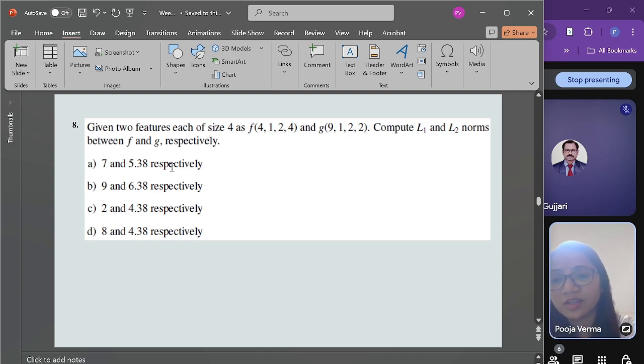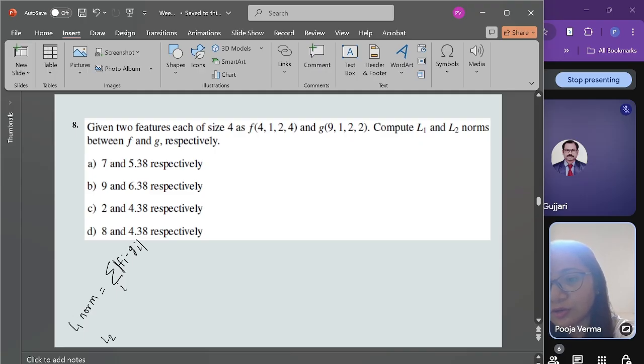So for the L1 and L2 norms, the formula is already there, so I'm writing it here. The L1 norm is calculated as the sum over i, the number of features, of |Fi minus Gi|. Okay, this is the calculation for the L1 norm.